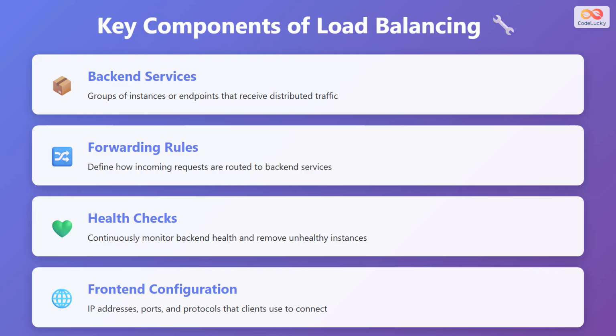Third, health checks continuously monitor backend health and automatically remove unhealthy instances from the rotation, ensuring traffic only goes to functioning servers. Finally, front-end configuration specifies the IP addresses, ports, and protocols that clients use to connect to your application. Understanding these components is crucial for designing effective load balancing architectures.